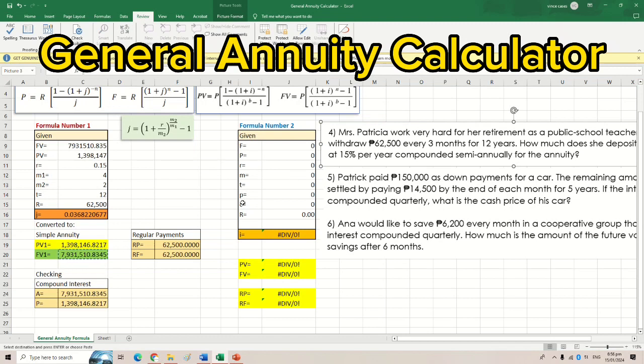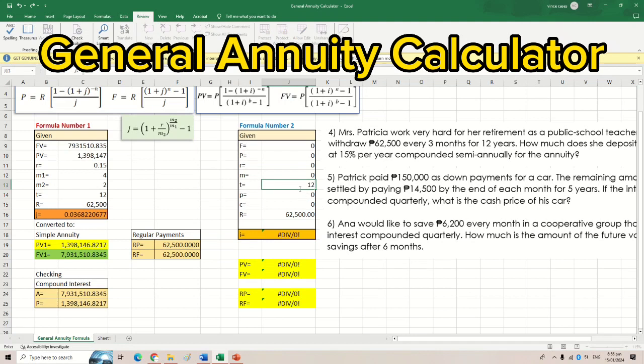Now let's go to the second formula. This one is the longer one. So let's list down our capital R, which is 62,500. And then the time is the same, 12 for 12 years.